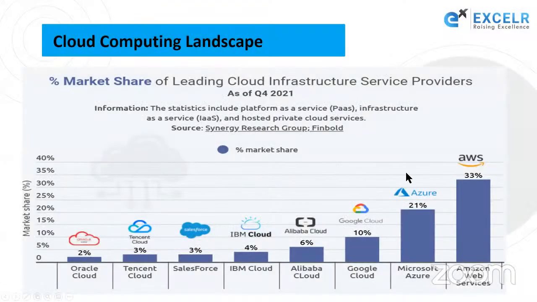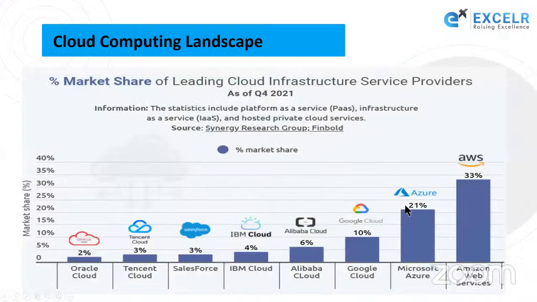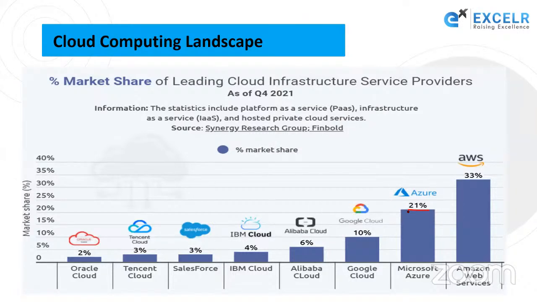In terms of market share, Azure is at the second place, with almost 21% market share, and AWS is at 33%.